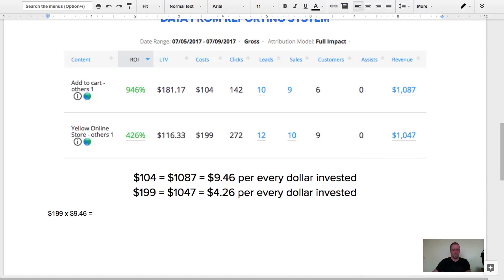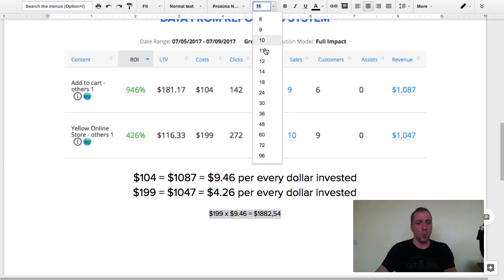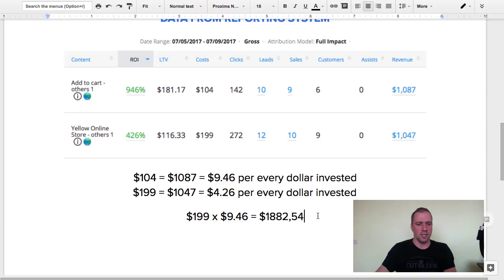The same investment generates me much more money. That's the bottom line, right? That's the bottom line.